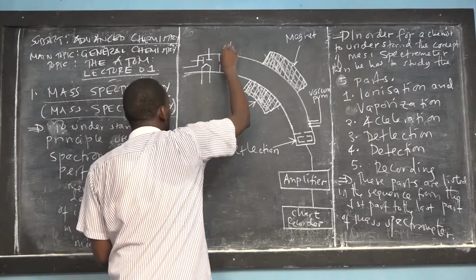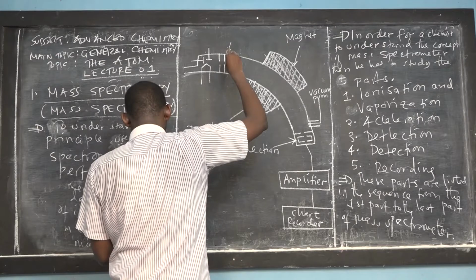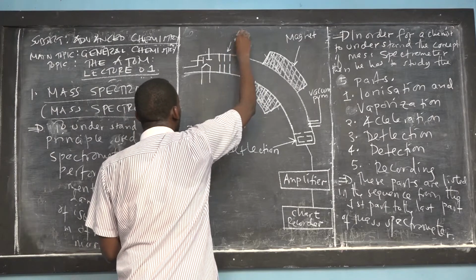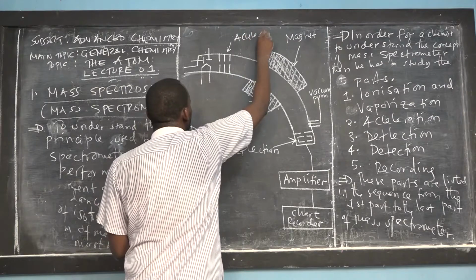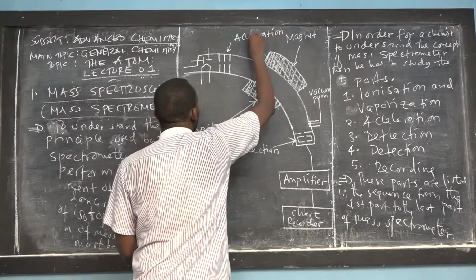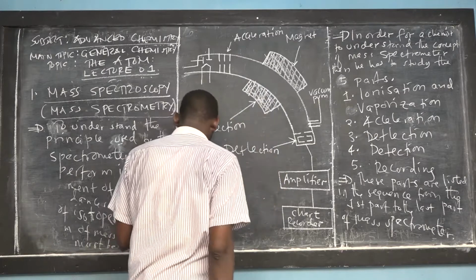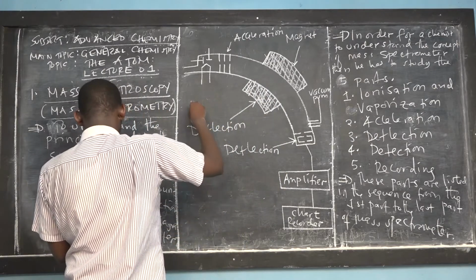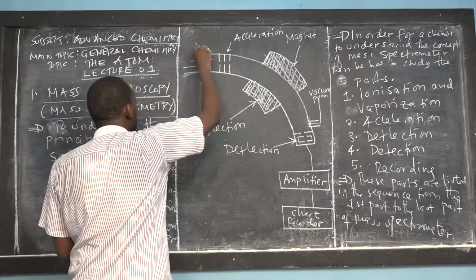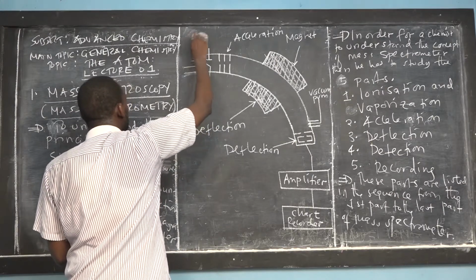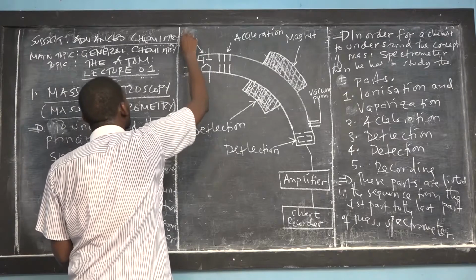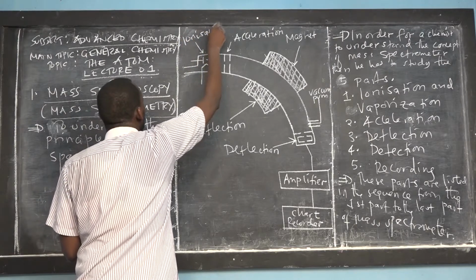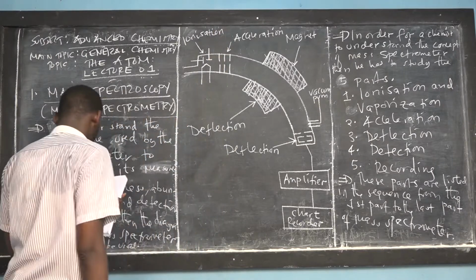And this section, this one, this ray, we call it the acceleration section. This is part 2, the second part that I have mentioned there, acceleration. And then this section, this point here, this we call it ionization. Ionization chamber.